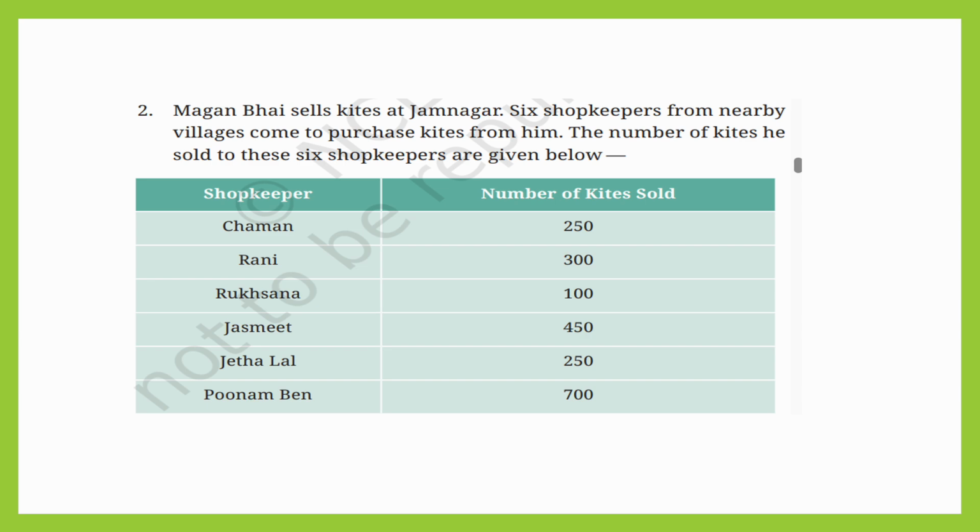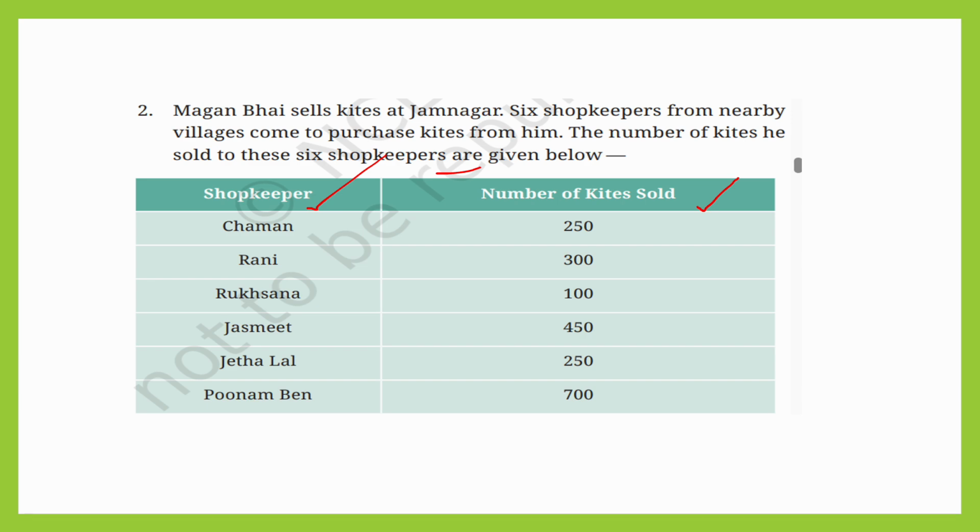Magan Bhai sells kites at Jamnagar. 6 shopkeepers from nearby villages come to purchase kites from him. The number of kites he sold to these shopkeepers are given below. So, shopkeepers' names are given and number of kites sold were also given.